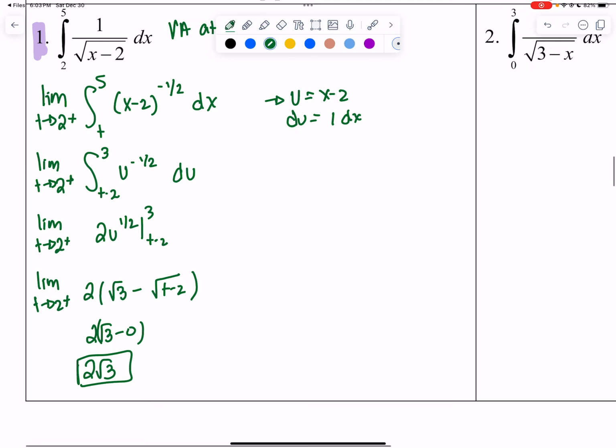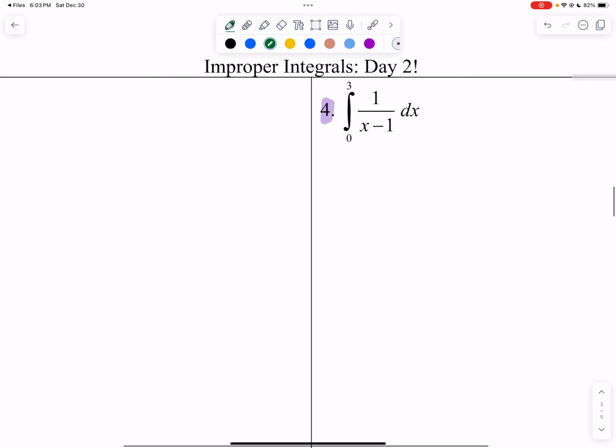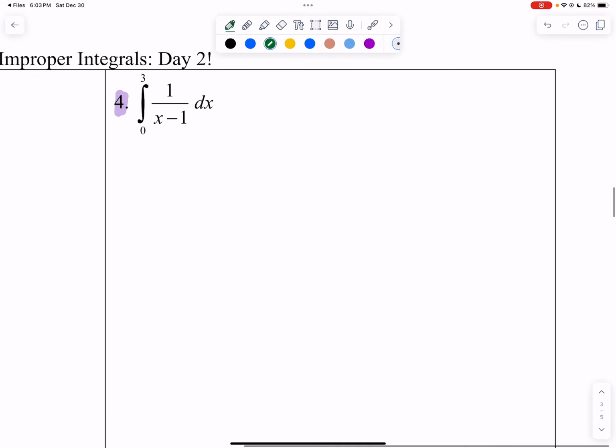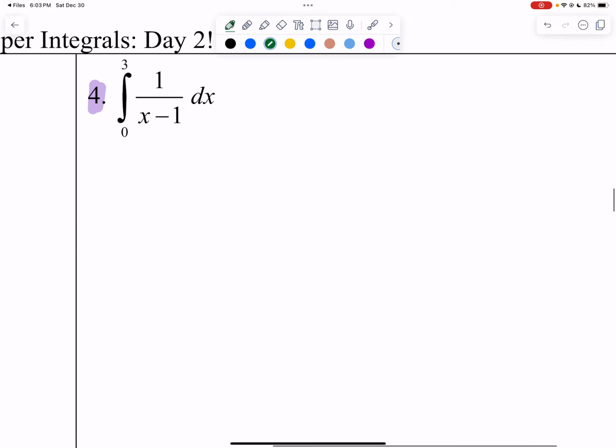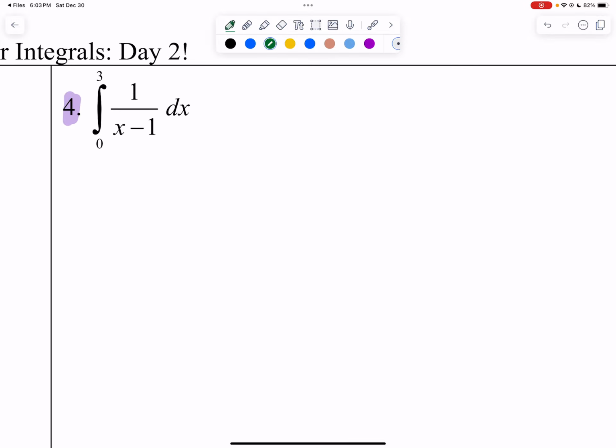All right, let's say we have number 4, where we have the integral from 0 to 3 of 1 over x minus 1 dx. And you might think for this problem that we could use u substitution and call it a day. However, you'll notice that your vertical asymptote is at 1, which is between 0 and 3.